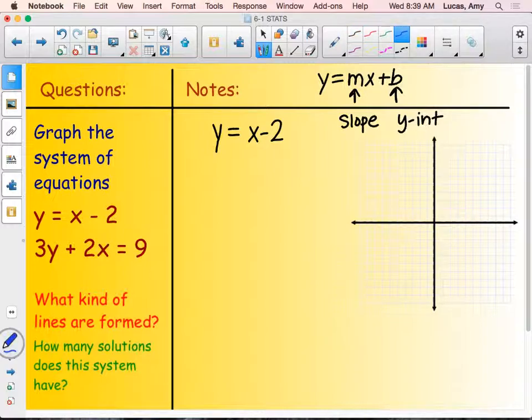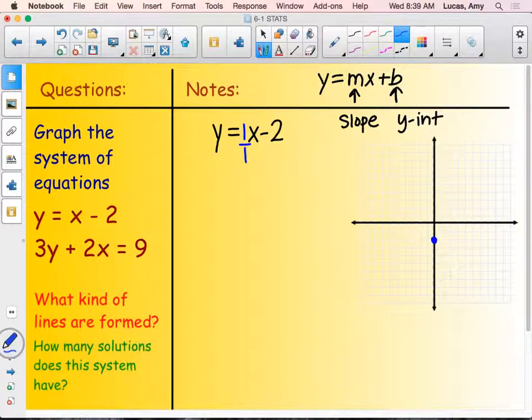So our y-intercept is -2. So I'm graphing -2 on the y-axis. And then my slope is 1, or 1 over 1. When you don't see a coefficient number in front of the x, remember it doesn't mean 0, it means 1.